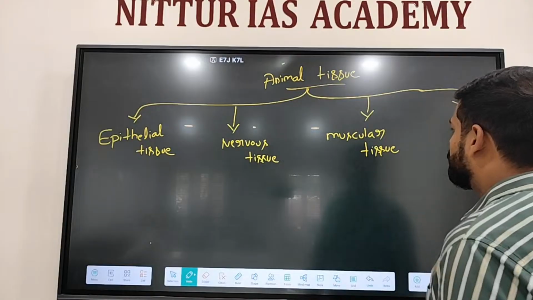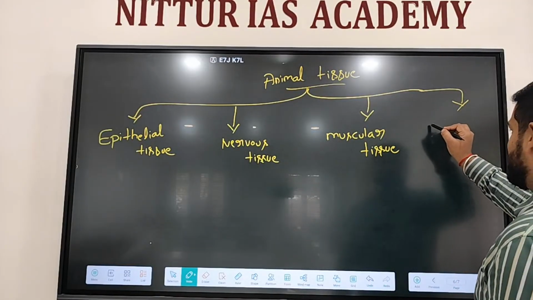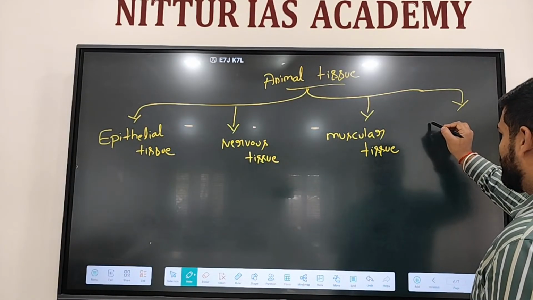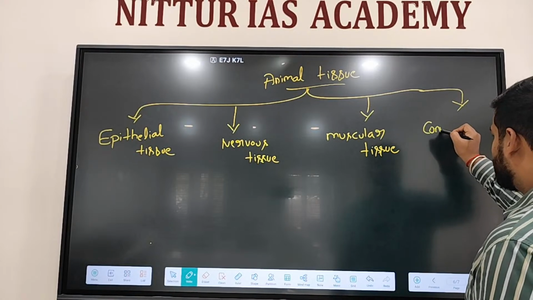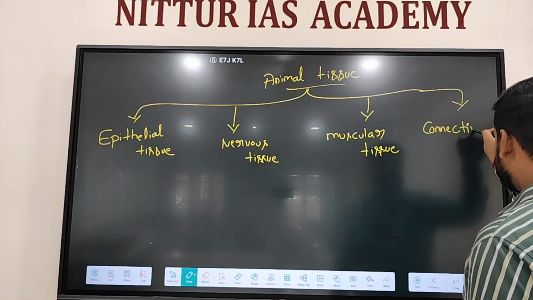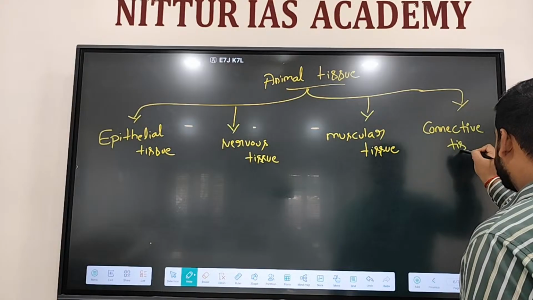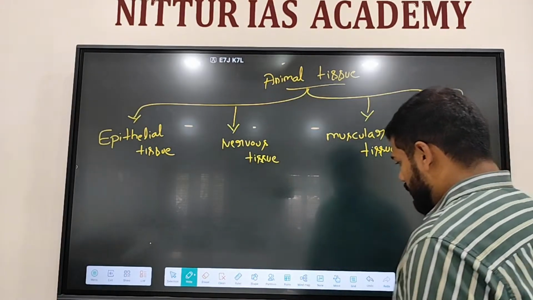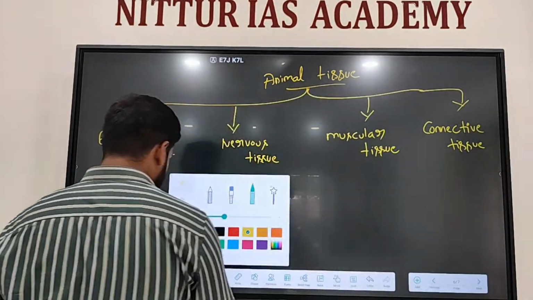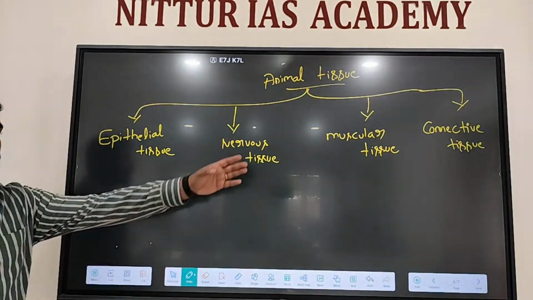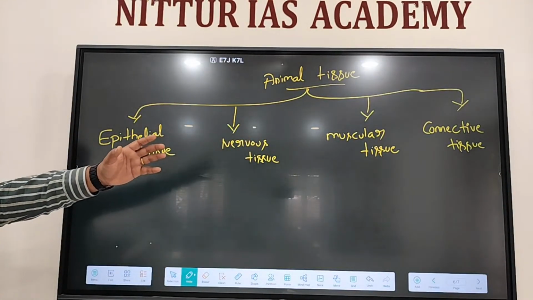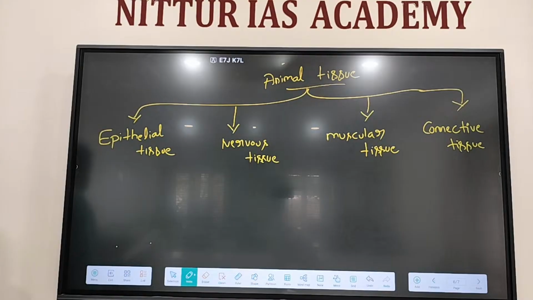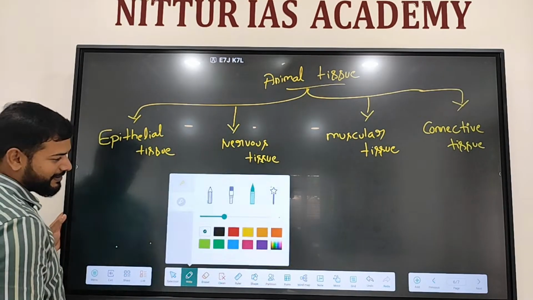Then we have connective tissue. The most abundant, major, important tissue is connective tissue.